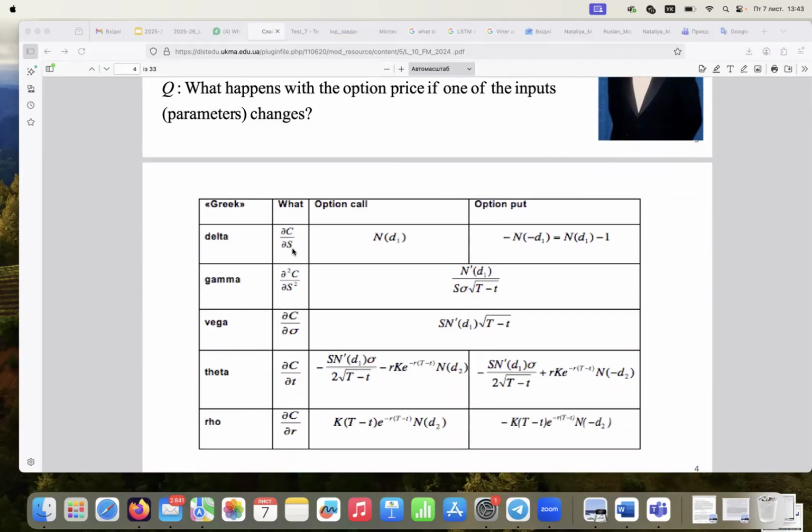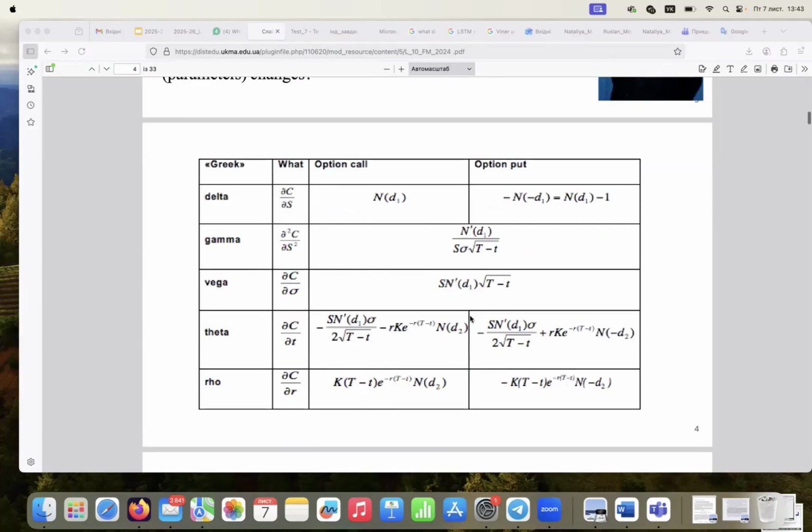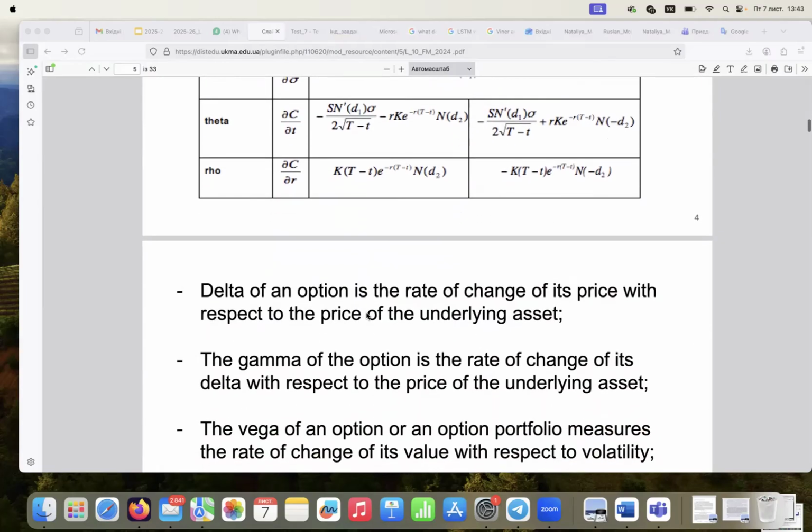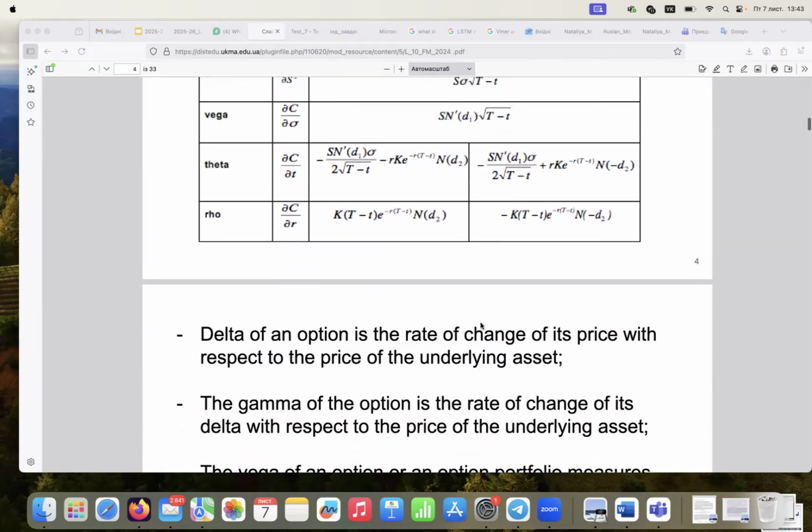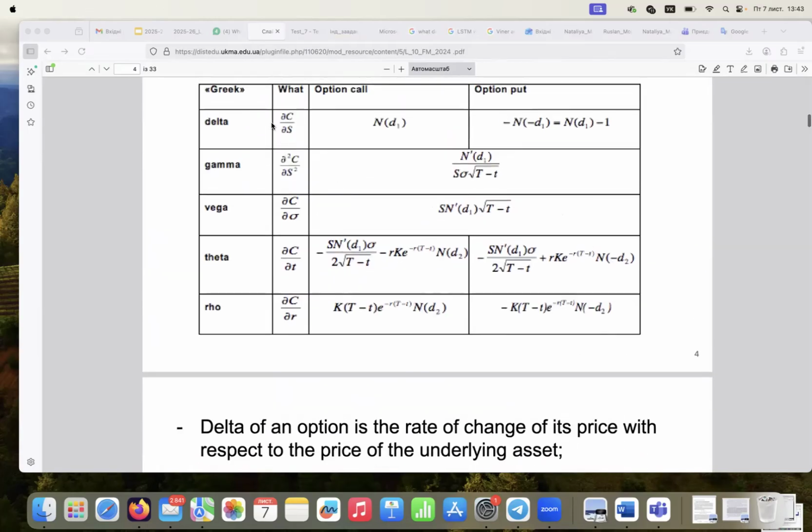So this derivative, delta, is the cumulative distribution function of D1 for a call option, and this result for a put option. Or we can say the delta of an option is the rate of change of its price with respect to the price of the underlying asset. It is usually a stock.